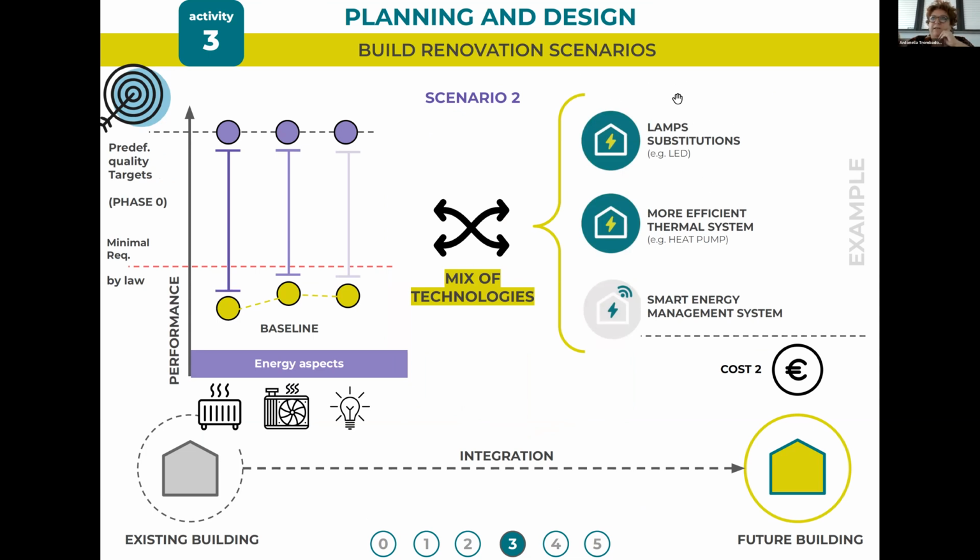Maybe we change the lamps, we put in some more efficient thermal system, for instance, heat pumps, or maybe we can introduce smart energy management systems. So we have an amount of cost number 2, okay? We have the baseline, we move on energy to obtain the minimum requirement and to set the selection of technology and materials to reach the target quality, but related to the energy aspect.